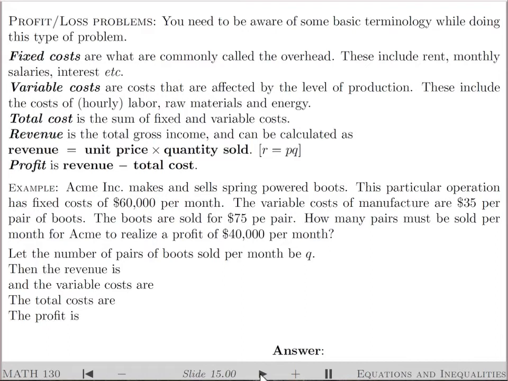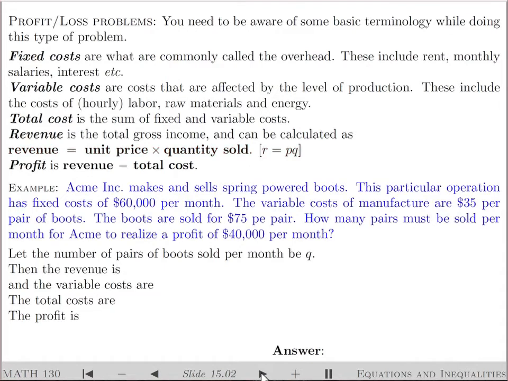If I sell 1,000 doodads at $5 each, the revenue is 5 times 1,000. And profit is revenue minus total cost. So to repeat, the main really new idea is that revenue is P times Q, or price times quantity. We'll consistently use P for unit price and Q for quantity.